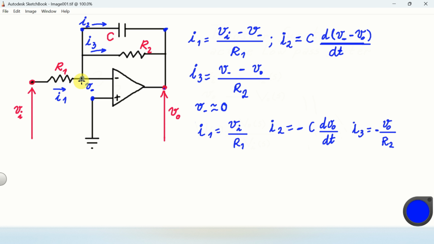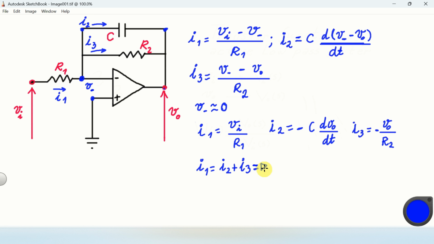Next, we can sum the currents entering and exiting this node, and from this equation we have that I1 is equal to I2 plus I3. And now if we substitute the values inside of this equation, we obtain the following.